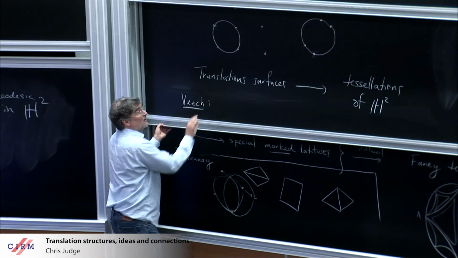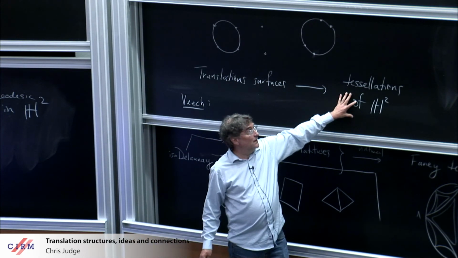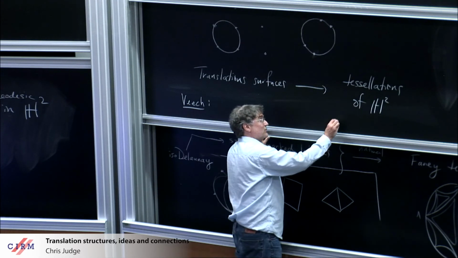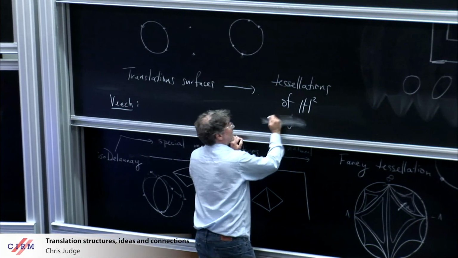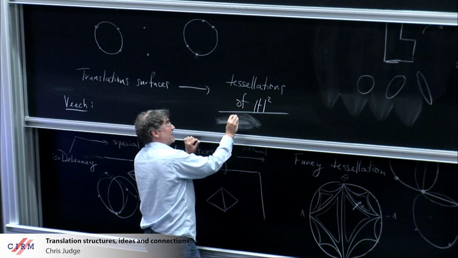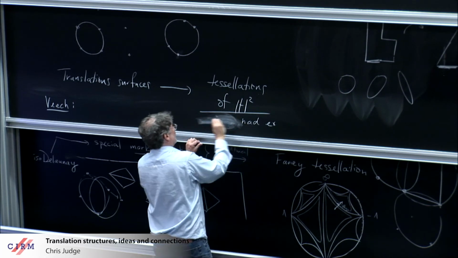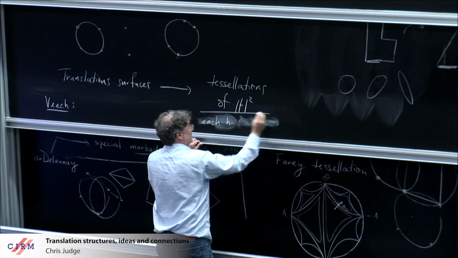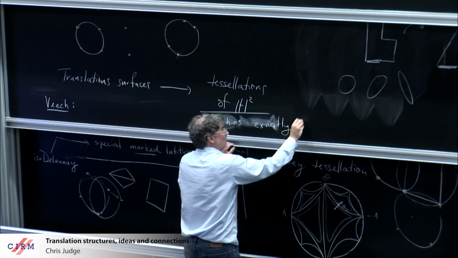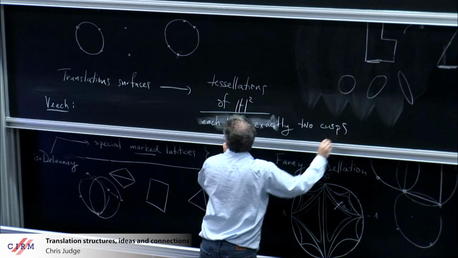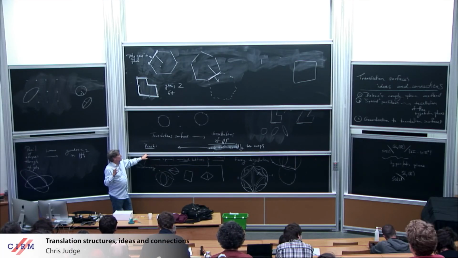that basically, he was interested in certain kinds of tessellations that occurred. And he said that if you got a tessellation that consisted of triangles, so that the tiles had exactly 2 cusps, each tile has exactly 2 cusps, then back over on this side, he could reconstruct the surface.